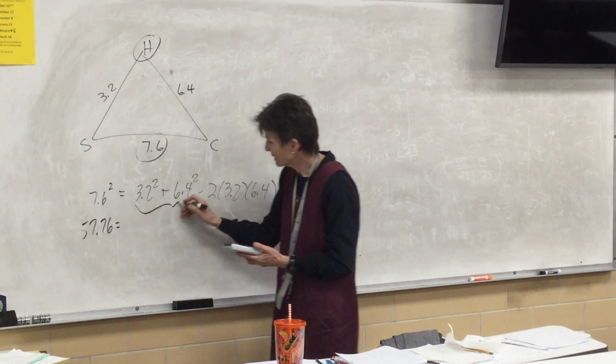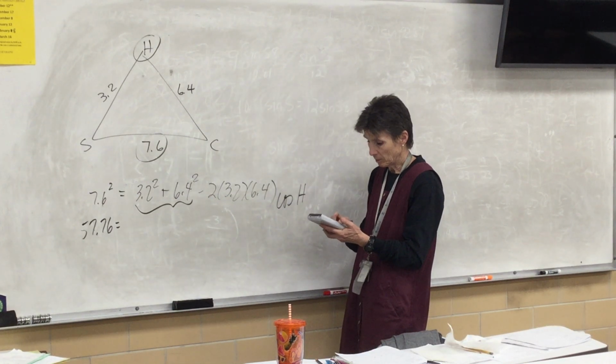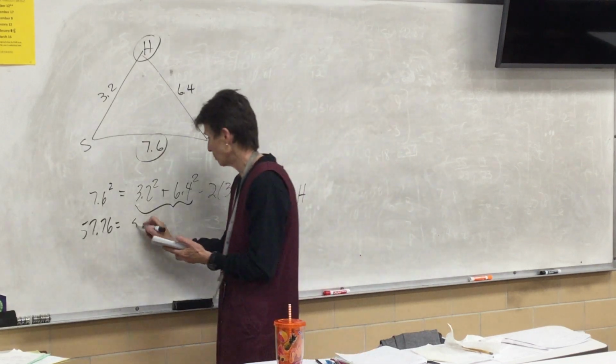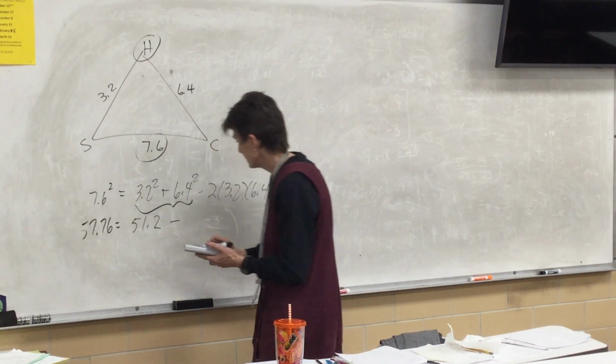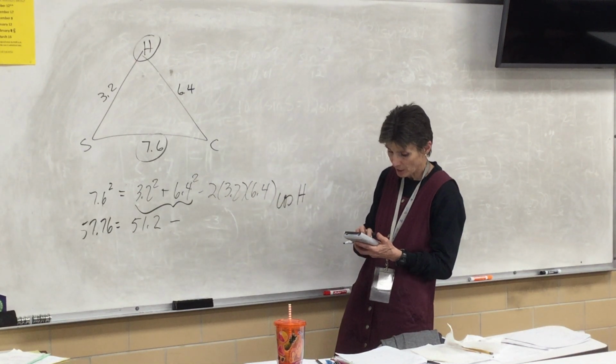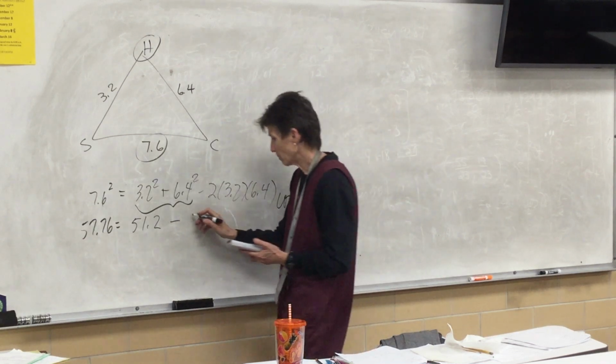Then add these together, so 3.2 squared plus 6.4 squared, that's 51.2. And then multiply these numbers together, so 2 times 3.2 times 6.4 is 40.96.